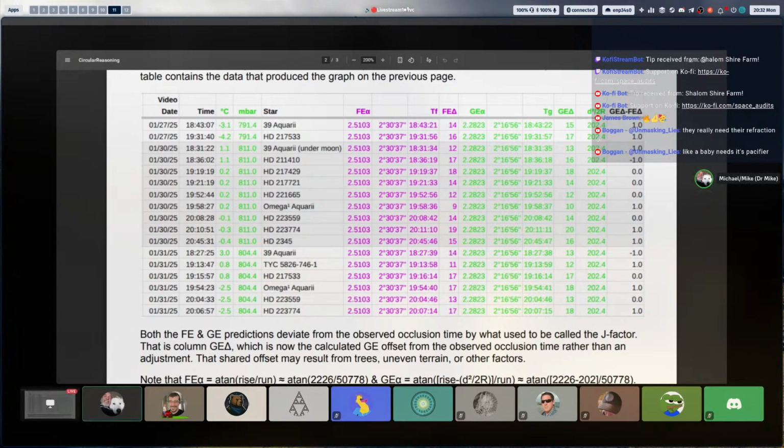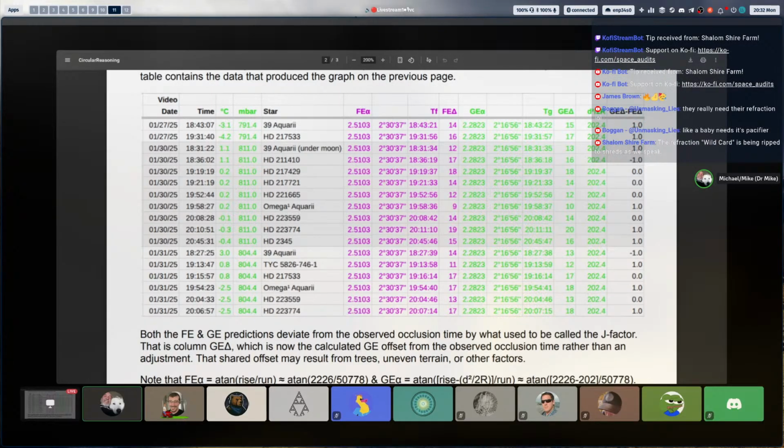So what we were doing was correcting for their error. Now we're not correcting for anything. These are just raw measurements. And the only corrections going on are temperature and pressure corrections, so that they can predict the occlusion time when they reach the angle they predict.